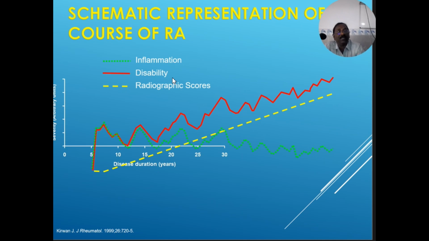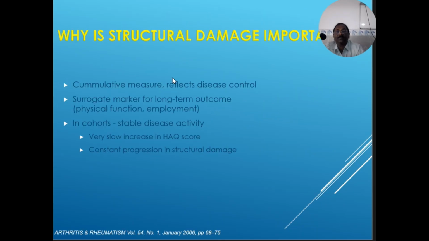So that is the reason we have to treat all rheumatoid arthritis individuals, to avoid chronic inflammation, chronic disability, and also to reduce the radiographic changes. Why is structural damage very important? Because it reflects the disease control.